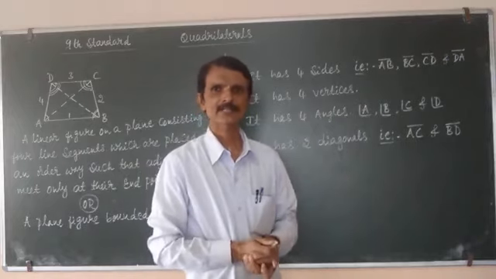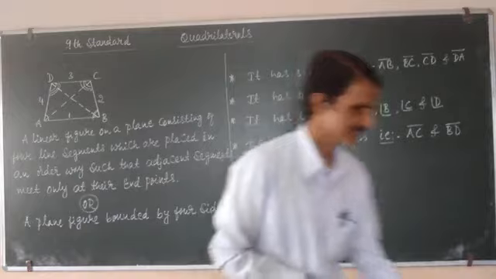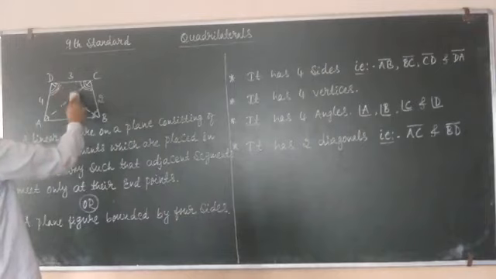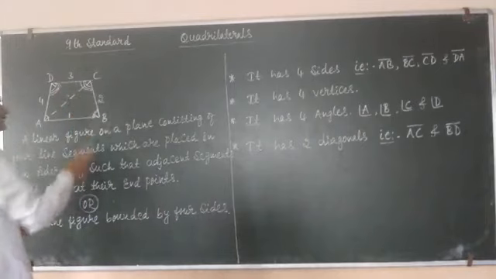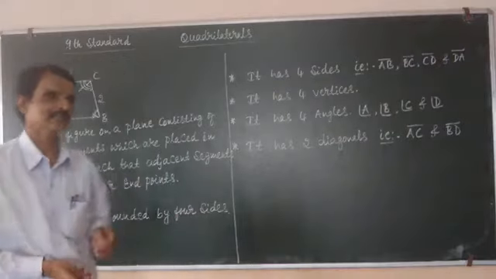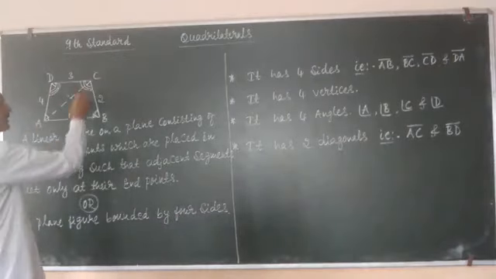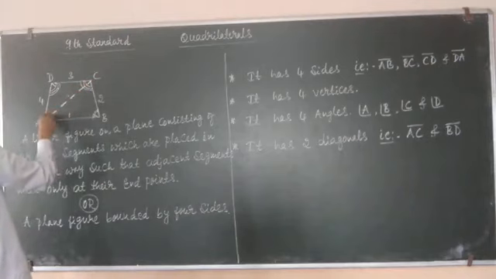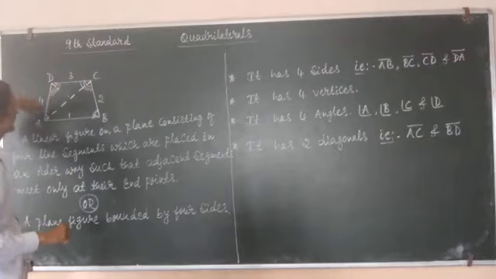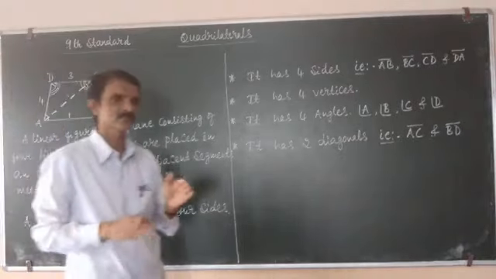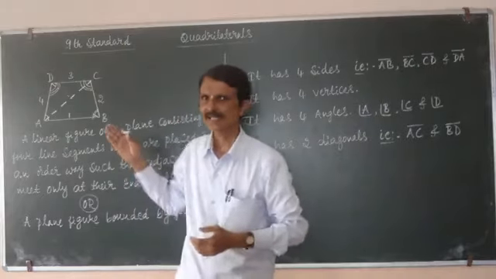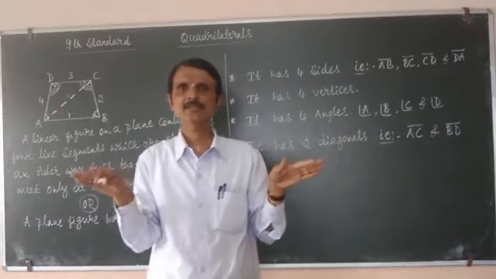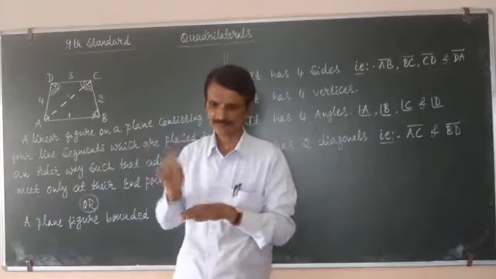So next we will come to the next property. Students, observe in the figure. If you draw the diagonal AC, and observe this quadrilateral, it will be split into two plane figures, two different plane figures.